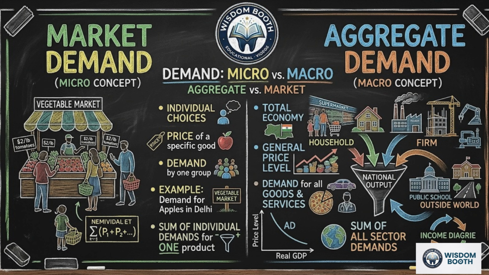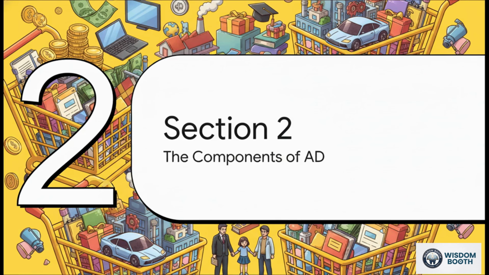It's merely the total demand for a single commodity in the market. We're talking about just the demand for smartphones or just the demand for coffee. Aggregate demand is the macro view. It's the whole shebang.